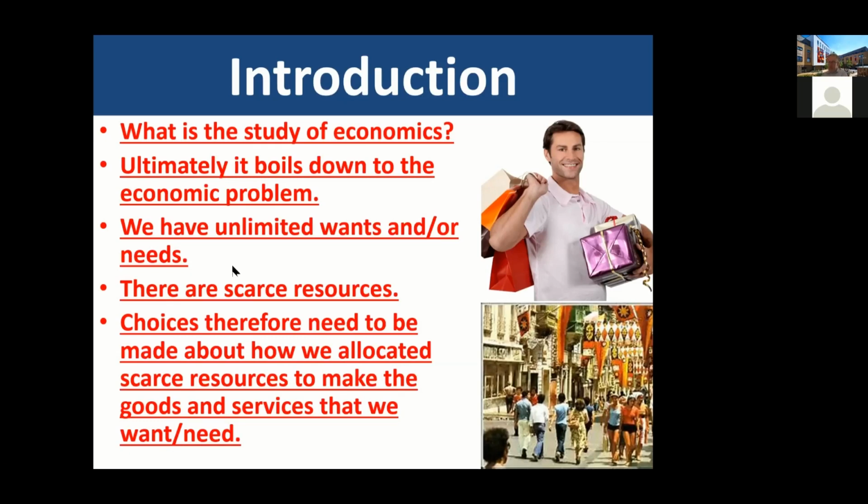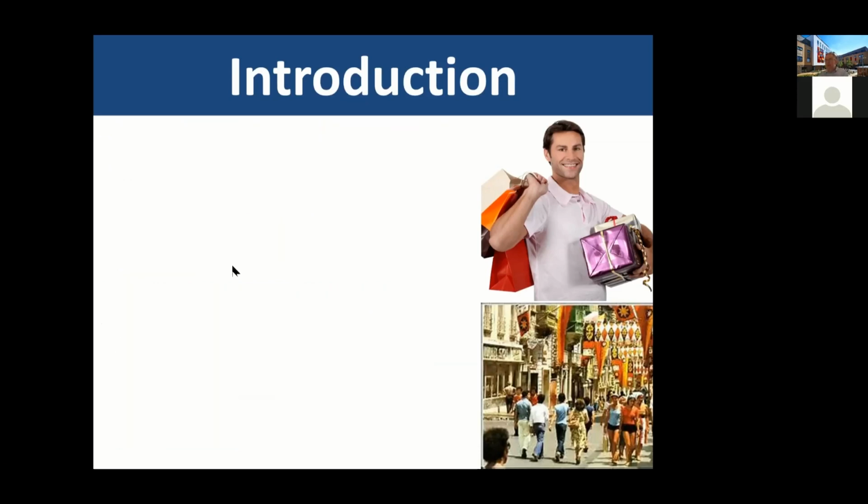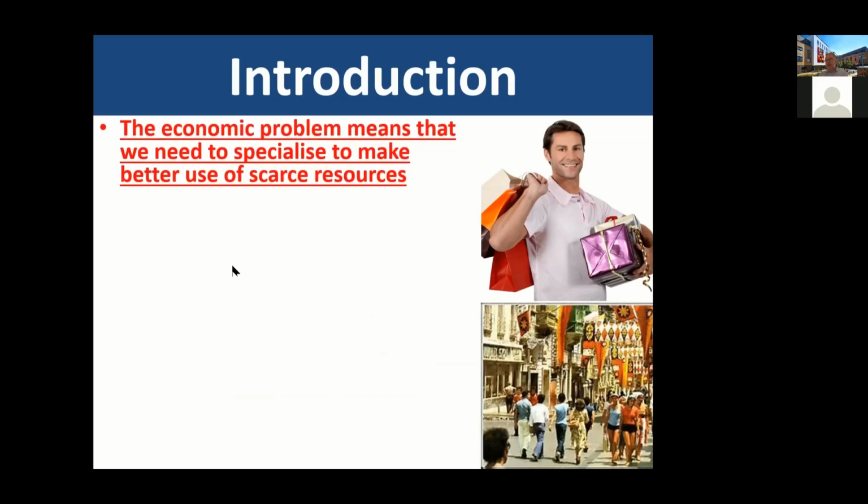That's not something I'm going to be talking about today, but one of the important things is that to try and solve the economic problem, we need to specialize at what we are best at making to make better use of scarce resources on a global level. So what do I mean by specialization?